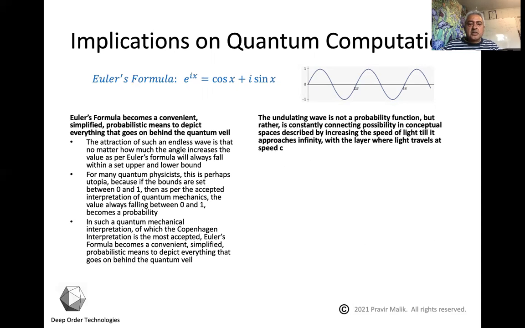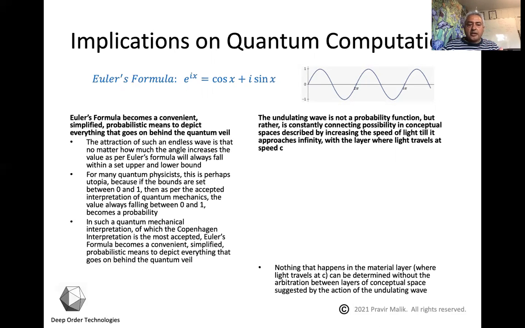Now, by contrast, in this approach to the light-based interpretation of Euler's identity in this paper and presentation, the undulating wave is not a probability function, but rather can be thought of as constantly connecting possibility in conceptual spaces. That's the 3 layers of light above the layer of light where light's traveling at 186,000 miles per second, to the material counterpart where light travels at c.